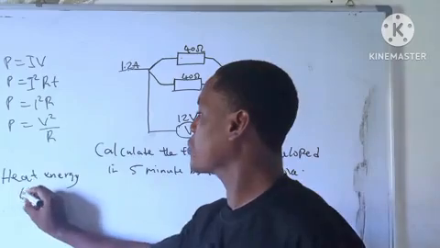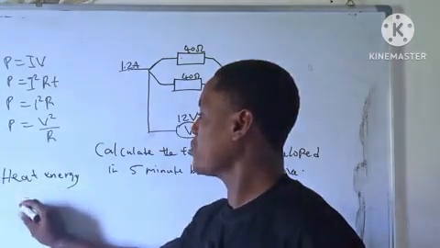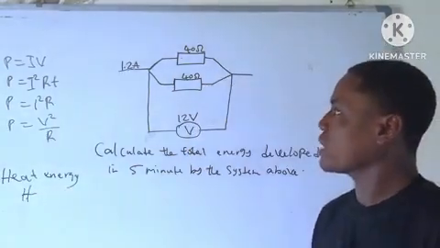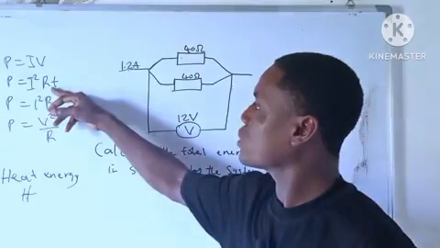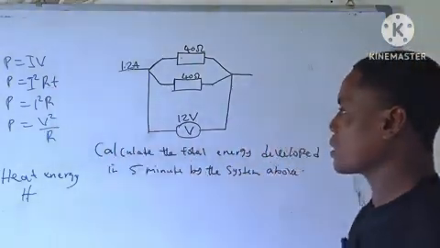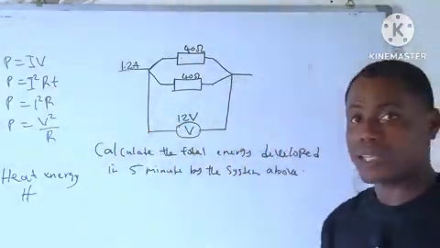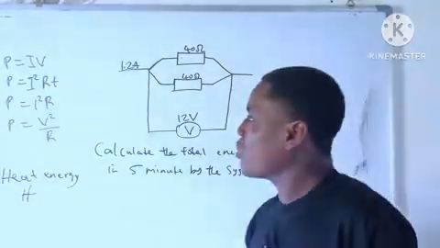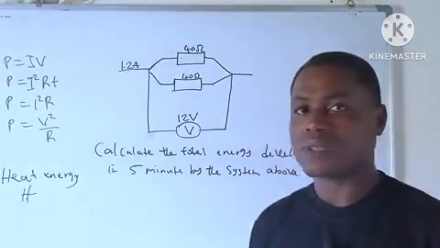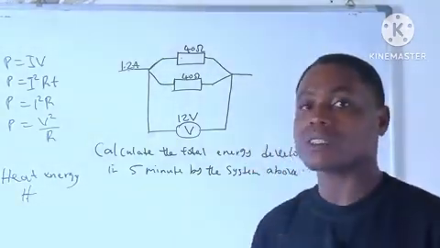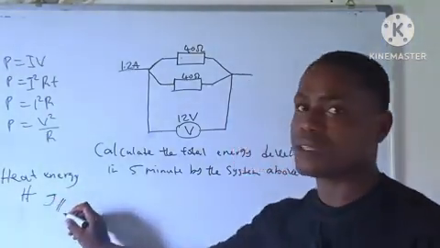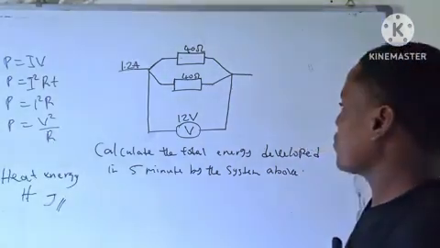For the heat energy symbol, just put H. If we are calculating for heat energy, we can also use some of these formulas. So please take note. What is the unit of heat energy? It's joules, right? The unit of heat energy is the joule, that is just J, isn't it?